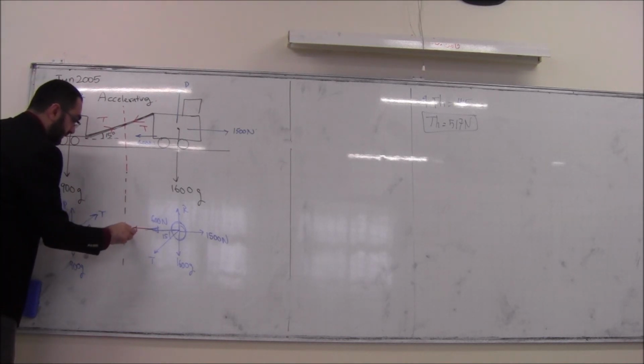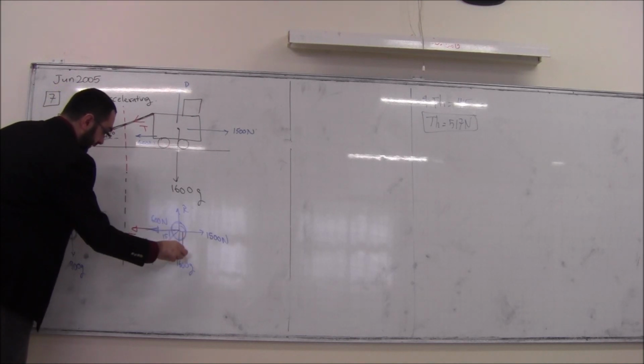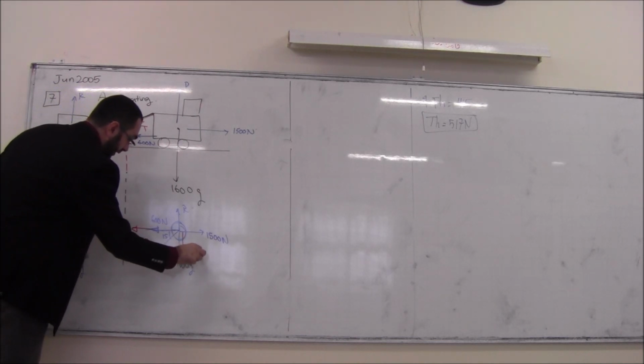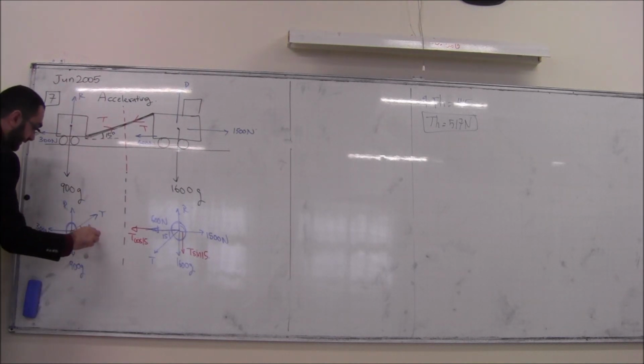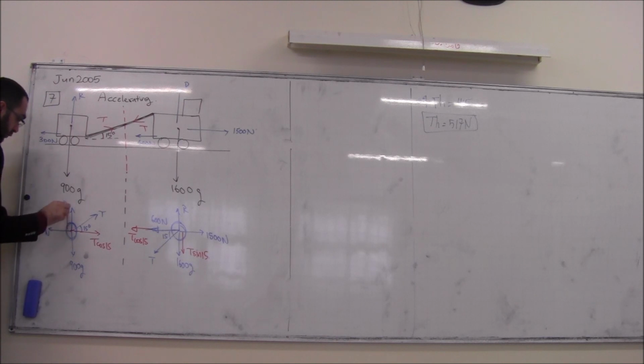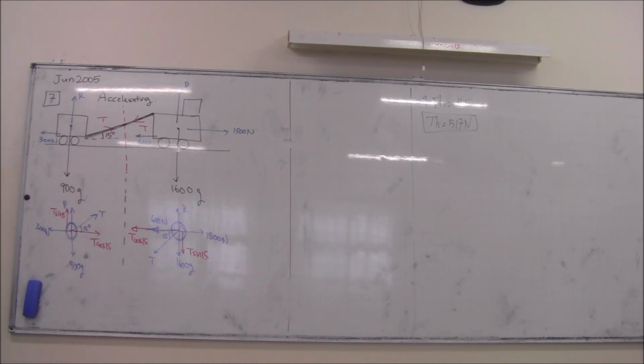Here T cosine 15, here T sine 15, here T cosine 15, and upward T sine 15. Clear? Any question about this?